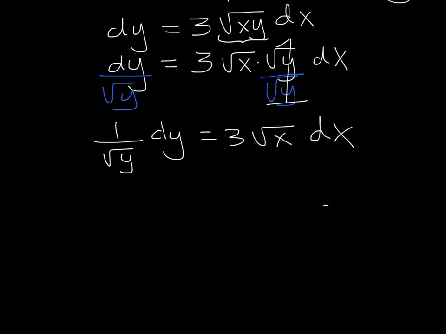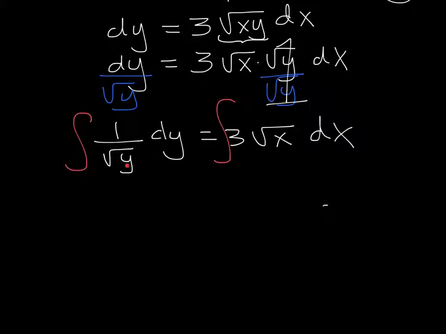So now that we have it in the separation of variables form, we want to integrate. This is the goal. But we can simplify these functions first. We have square root functions, and when we integrate, we've been using the power rule.